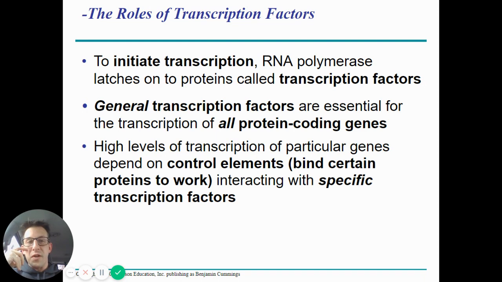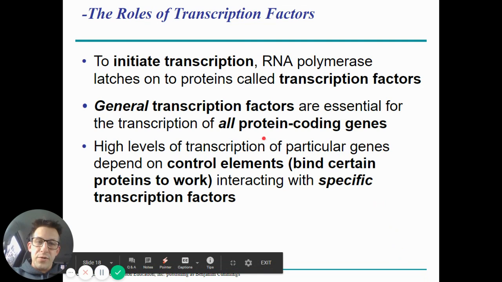So to initiate transcription, RNA polymerase actually has to latch on to these things called transcription factors, and they're protein in nature, and they work kind of like little docking bays, and I use that term a lot, but that's to make sure that there's proper orientation of the RNA polymerase, to make sure that it gets latched onto the spot that it needs to be to accurately transcribe the gene that we want to make a protein out of. So these transcription factors are kind of structural proteins, scaffolding proteins that need to be there for RNA polymerase to do what it's supposed to do.